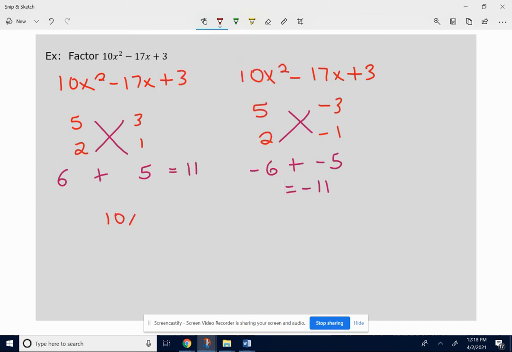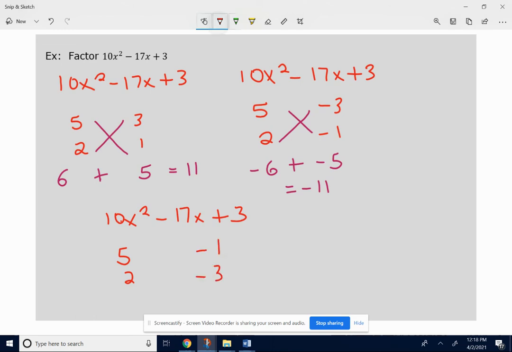Okay, start out with 10x squared minus 17x plus 3. Two things that multiply together to give me 10. I'm going to use 5 and 2 again. Two numbers that multiply together to give me a positive 3. I'm going to try -1 and -3.